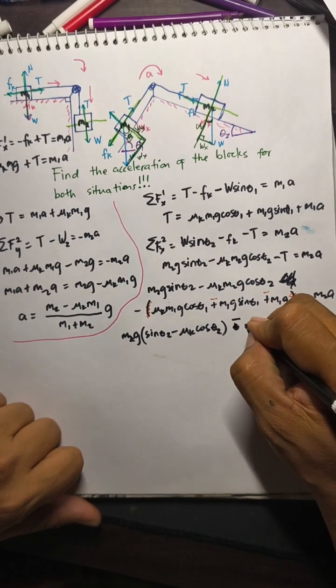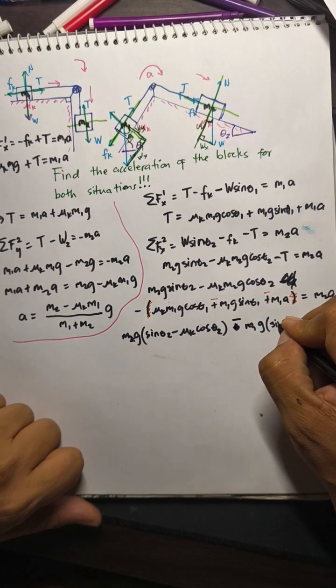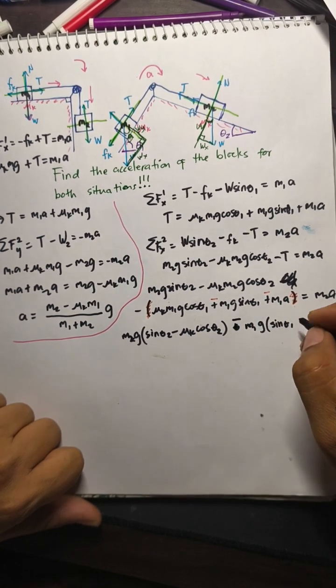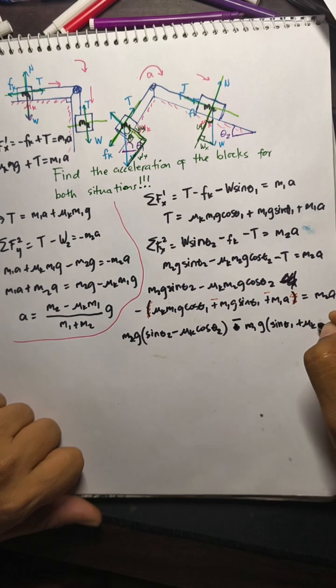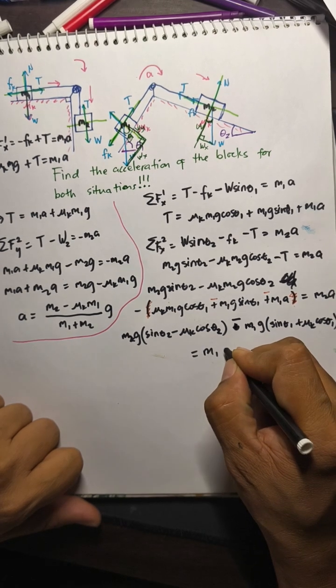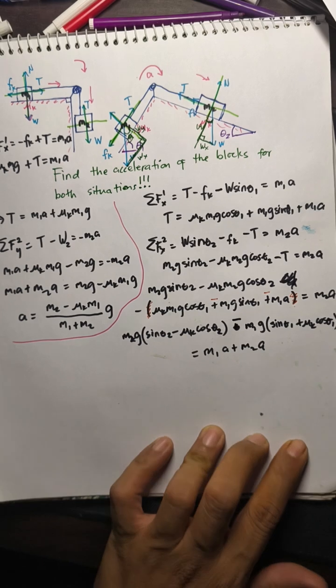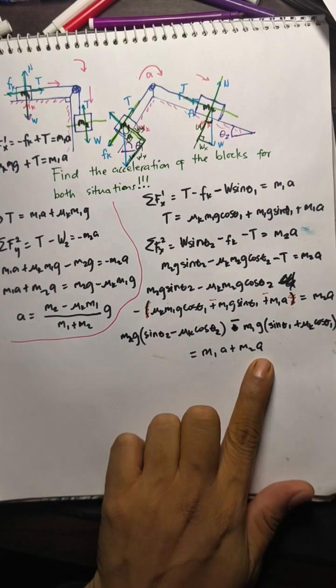So minus m1g times sine of theta 1 plus mu k cosine of theta 1. And this is equal to m1a plus m2a. Now we factor out a.